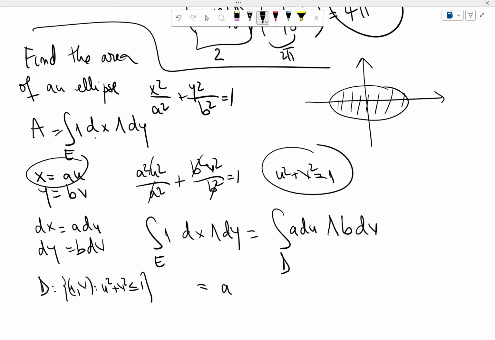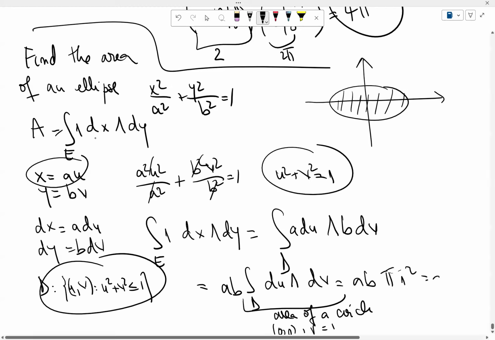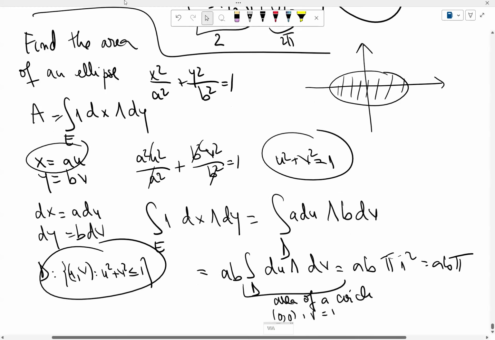So this is ab times the integral over D of du wedge dv. But this is precisely the area of a circle, the domain with center 0, 0 and radius 1. So this is ab times pi times r squared, which means a times b times pi. So we can calculate the area of regions in the plane like that.